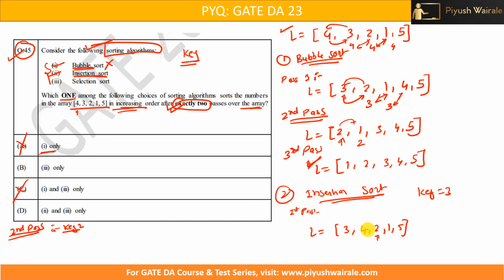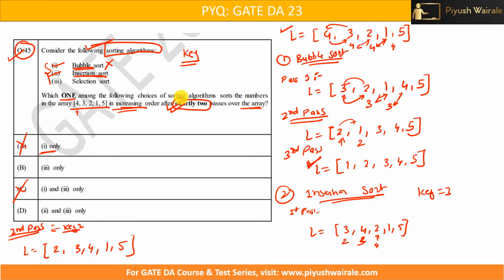I will compare 2 with 4. 4 is greater than 2. Yes, that is true, so I will shift 4 to the right. Now 2 will be here. Again I will compare 2 with 3. 3 is greater than 2. Yes, I will shift 3 to the right. So 2 will come here, 3 will come here, 4 will come here. So after the second pass, the list will be like this: 2, 3, 4, 1, 5, right?